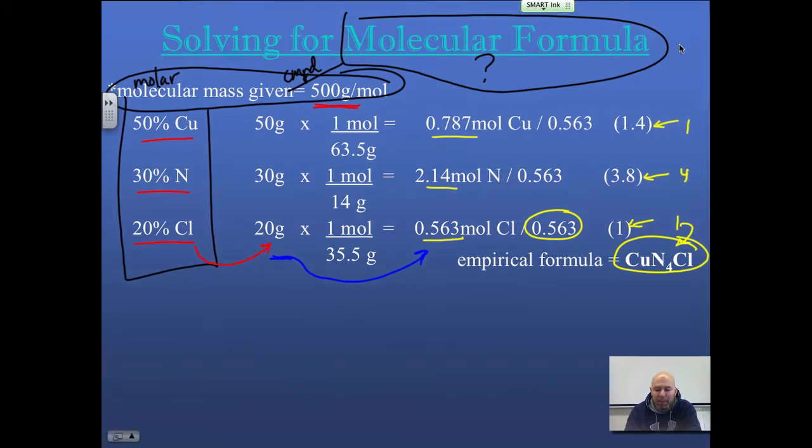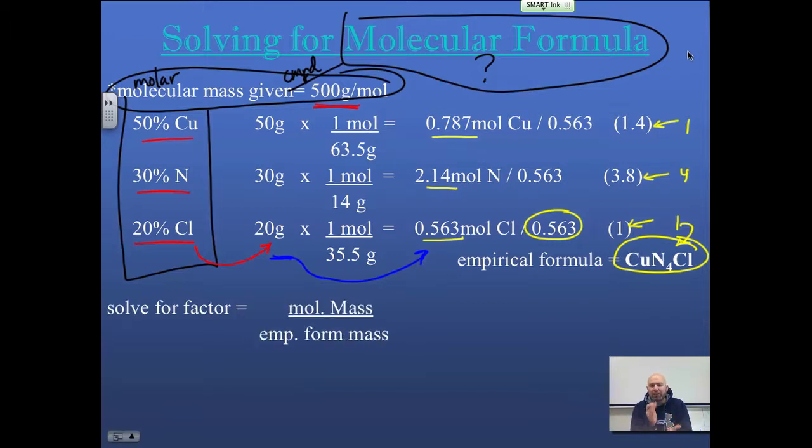To determine the molecular formula, you need to solve for that factor. So what factor am I going to multiply that empirical formula by? If this would be 2, then I could simply get Cu2 and N8Cl2. If the factor ends up being 6, then I could get Cu6 and N24Cl6.